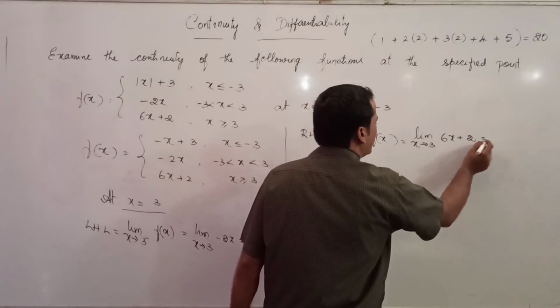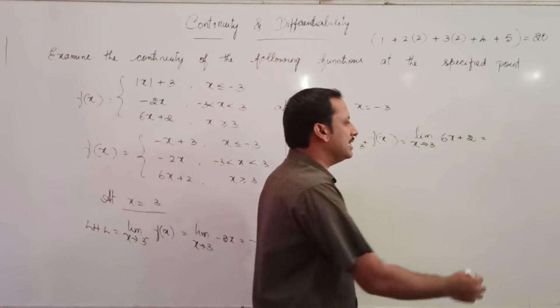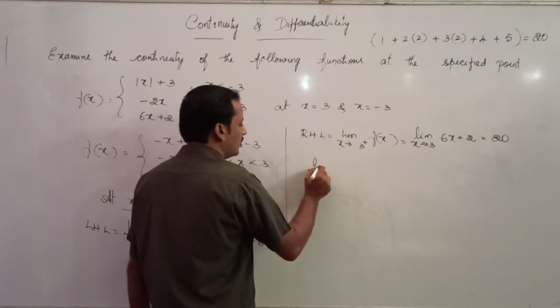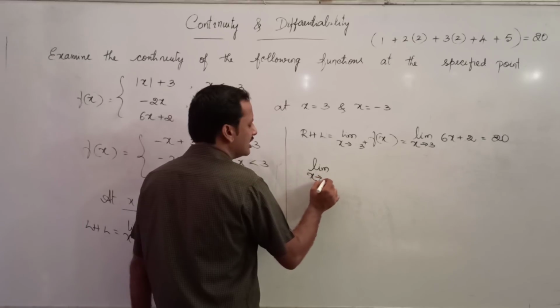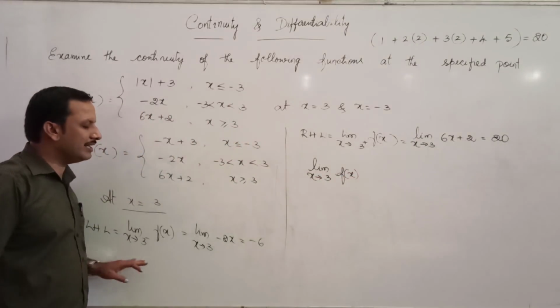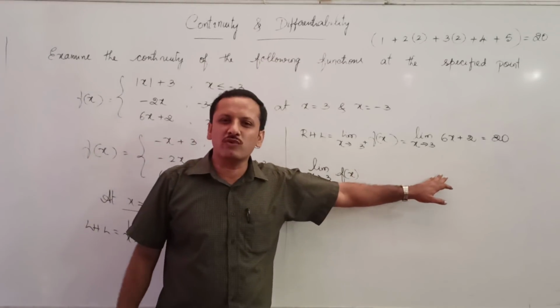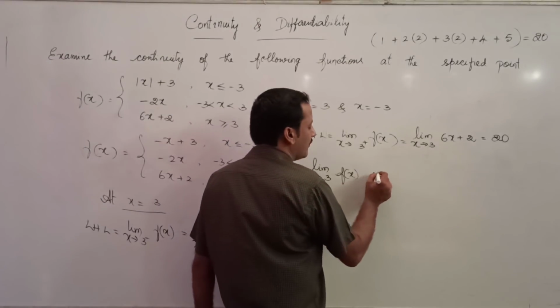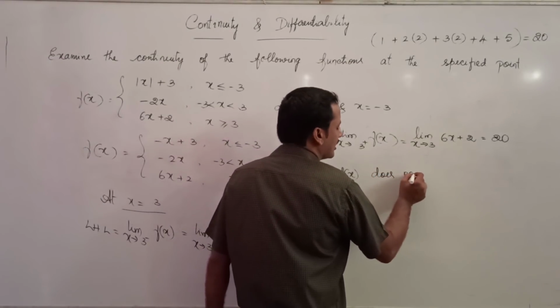Now if you apply the limit here, 6 into 3, 18 plus 2, that will give you 20. Observe here, left hand limit is minus 6, right hand limit is 20. They are not equal. Therefore, limit x extends to 3 f of x does not exist.